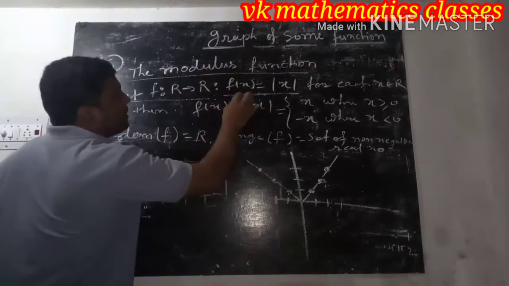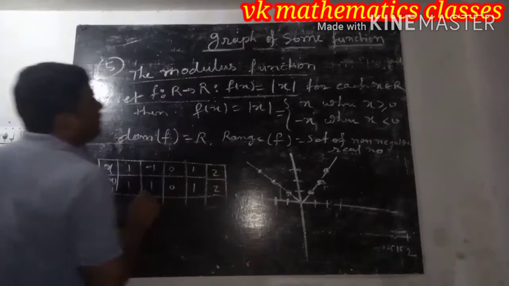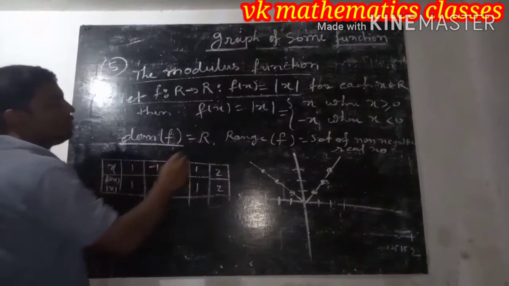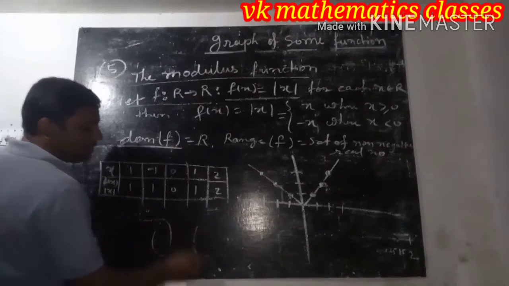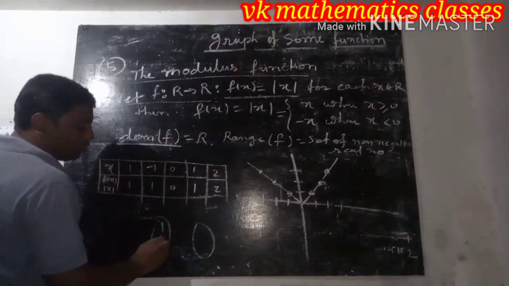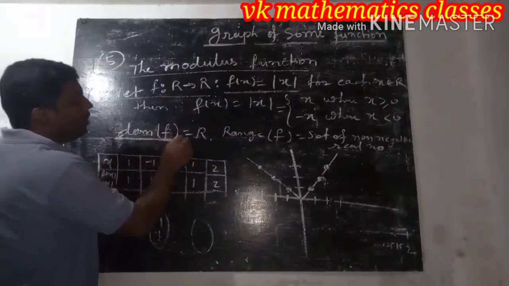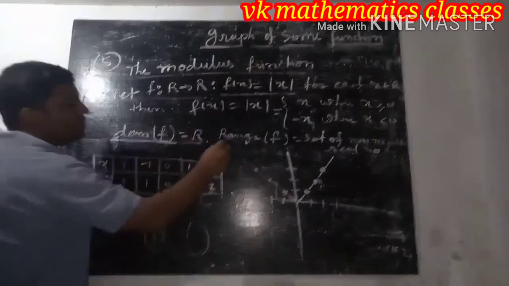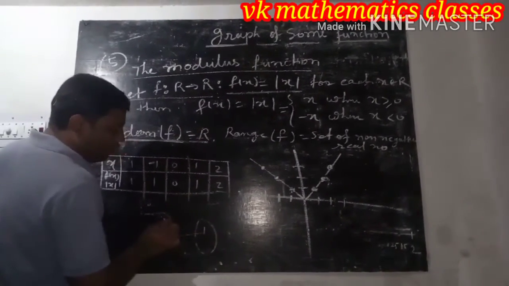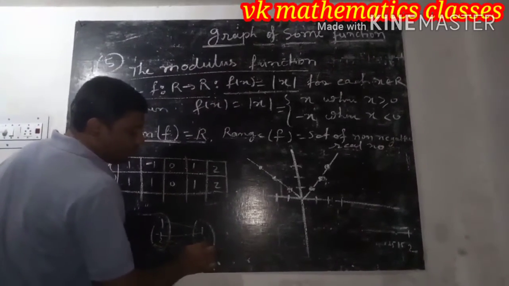Now we discuss the range and the domain of the modulus function f(x) = |x|. The domain of f is R. Suppose this is the set, so here 1, -1, 2, -2, any real number we take here. So the domain of f is R, and for the range, |-1| is also 1, 1 is also 1, 2 is also 2, and -2 is also 2.